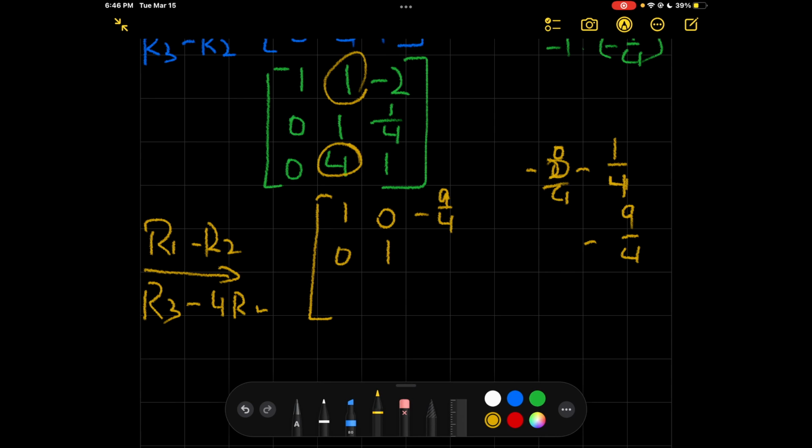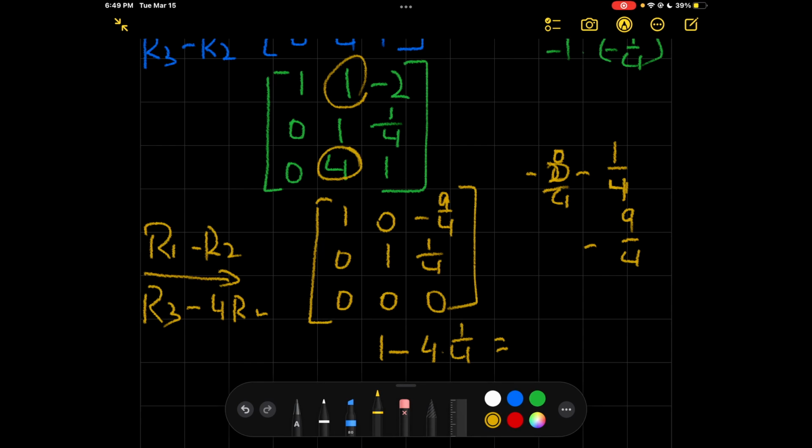And 0, 1, 4. And row 3 minus 4 of row 2 is 0, and 4 minus 4 is 0. 1 minus 4 times 1/4 is 1 minus 4 times 0. At this point, I think we cannot do any more.